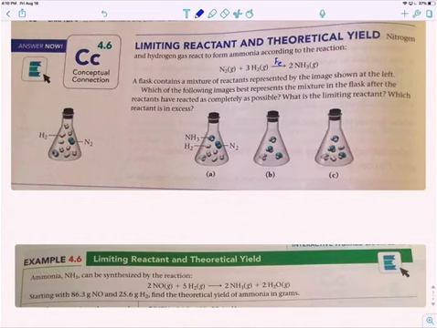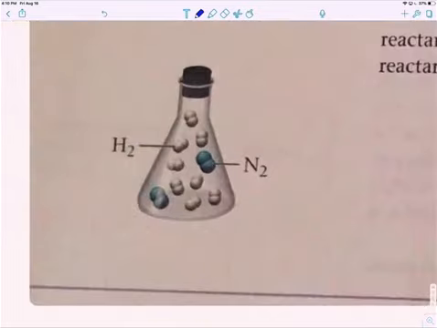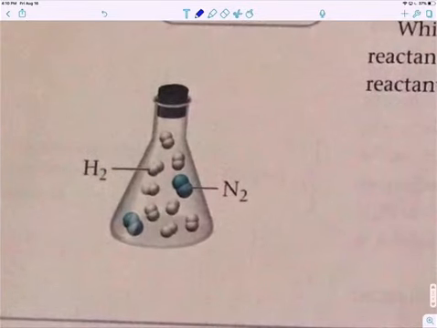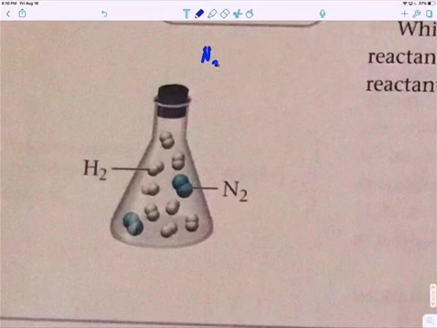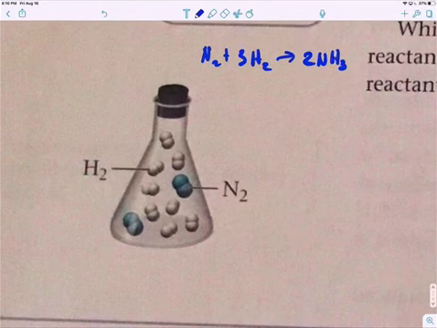First of all, let me write the equation. So you have N2 plus 3 H2s make 2 NH3s. What's going to happen?